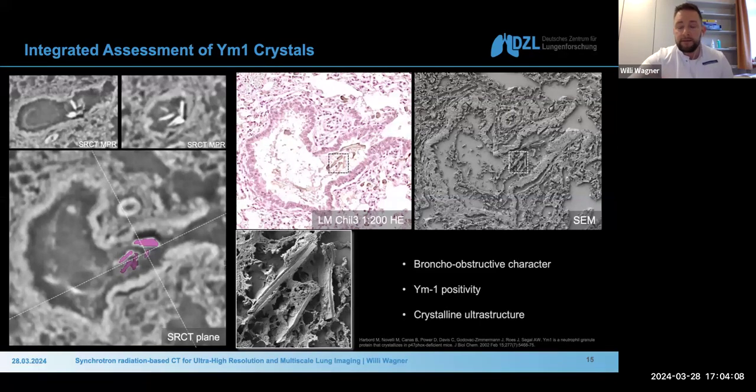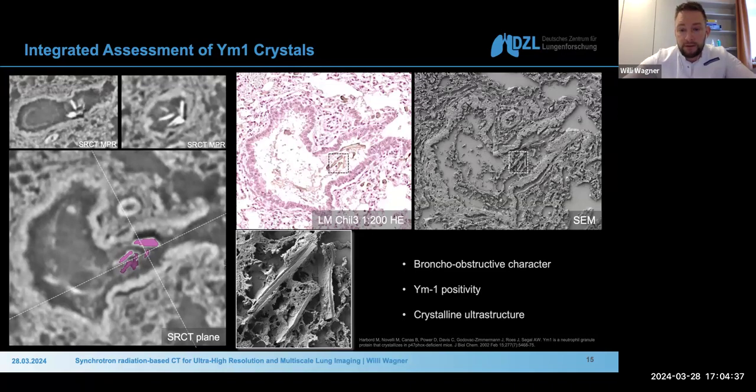And you are not diminishing the immunogenicity of your sample by exposing it to synchrotron radiation. You can still do immunohistochemical staining to really let you know about the molecular origin of your structures and findings.